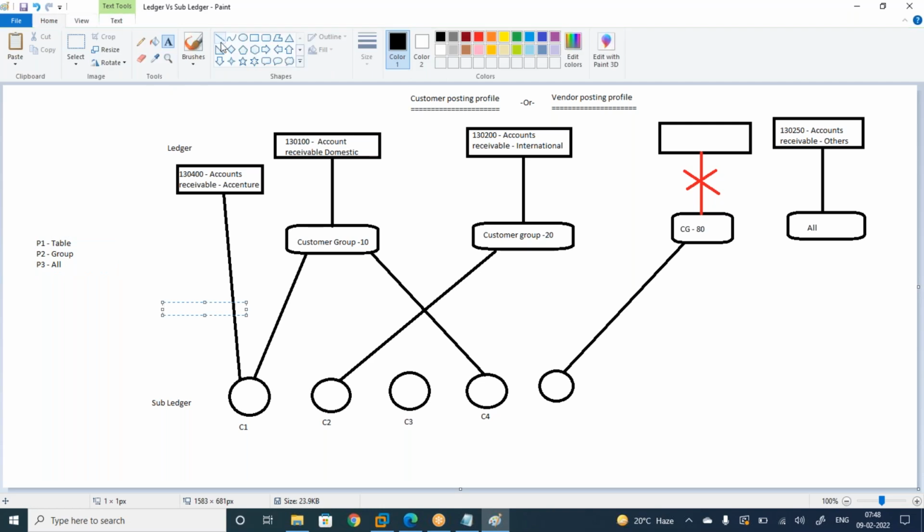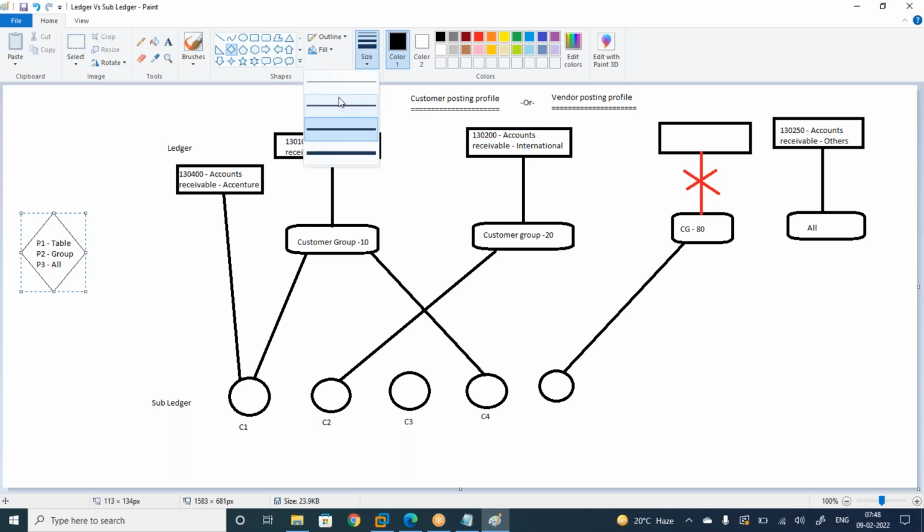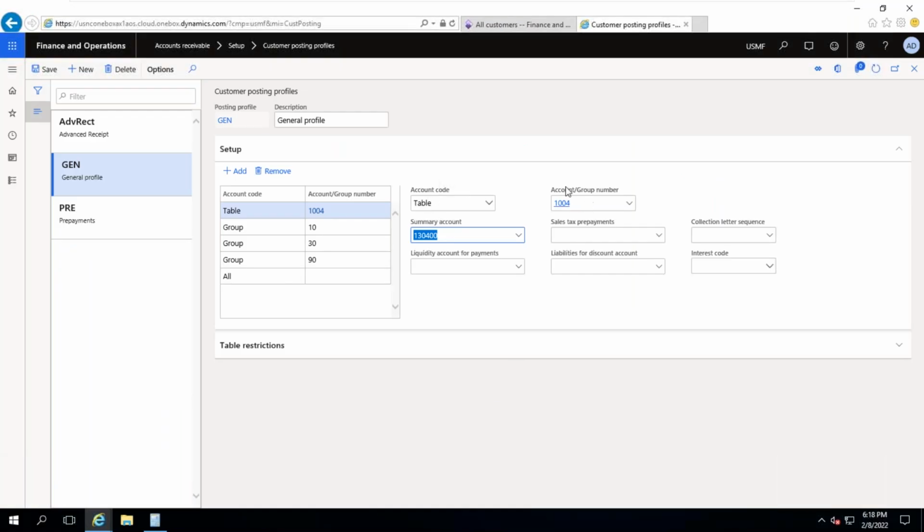You need to remember. Table is the first priority because the table 1004 is linked with one ledger account. Then it will not look for all these things. If table level mapping is not there, then it will look for group level mapping. If group level mapping is not there, it will go for all.